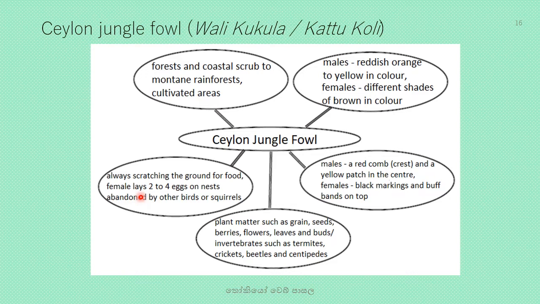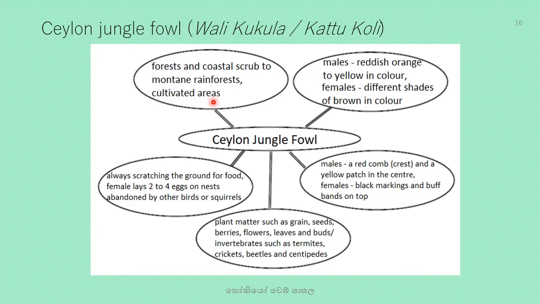And then we had to find the habitat. So that means in what sort of areas these birds live. So they live in forests and coastal scrub to mountain rainforests. So they can be in coastal areas, which means near the sea, or even in mountain rainforests, or even in cultivated areas.